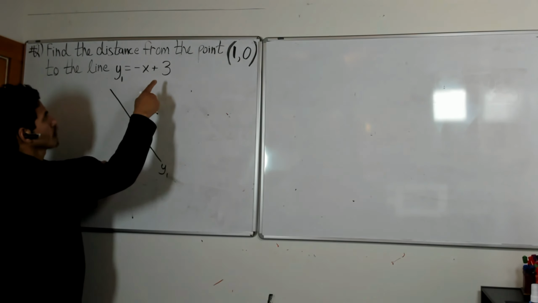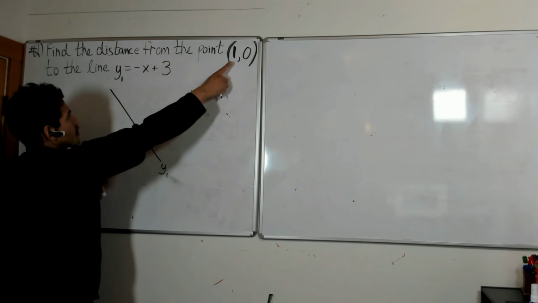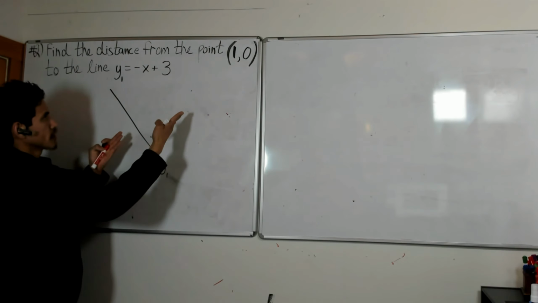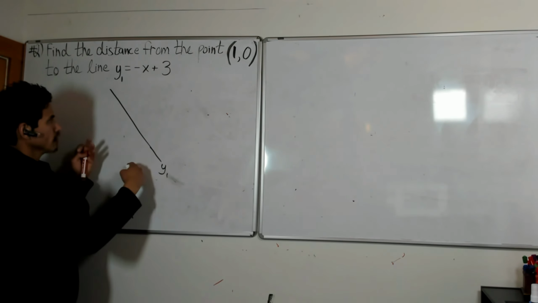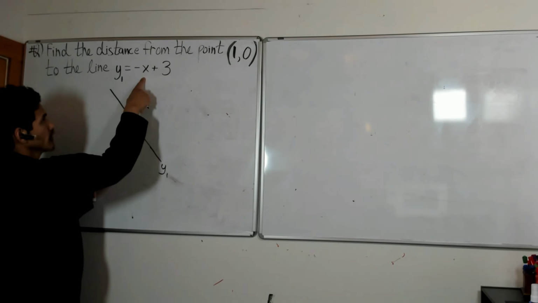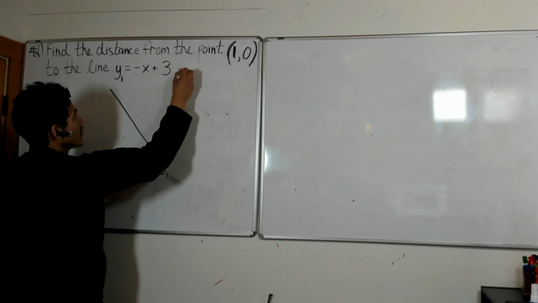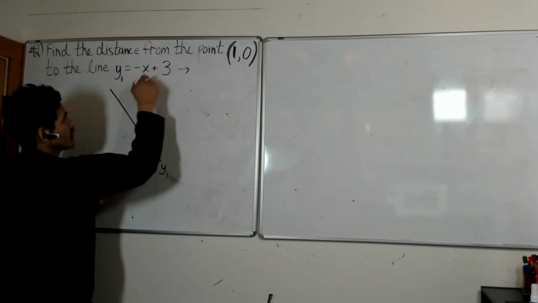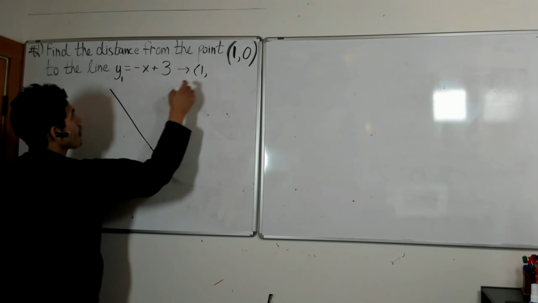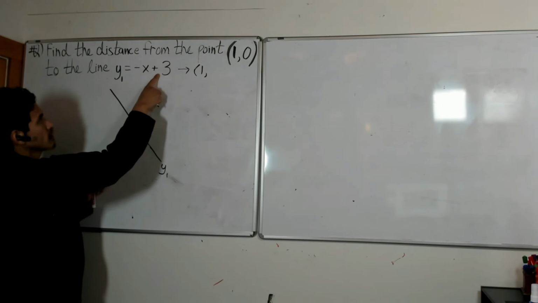Now, the point (1, 0), just to determine if it's going to be above this line or below, we just plug 1 into here and see what we get. We would get negative 1 plus 3, so we would get 2.